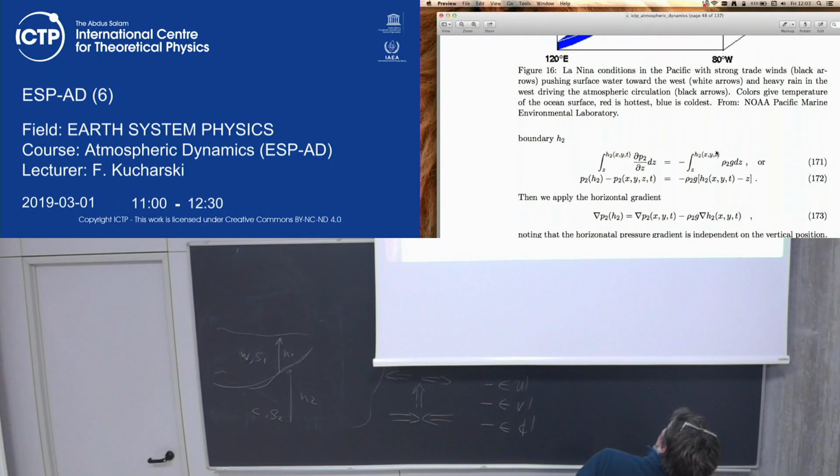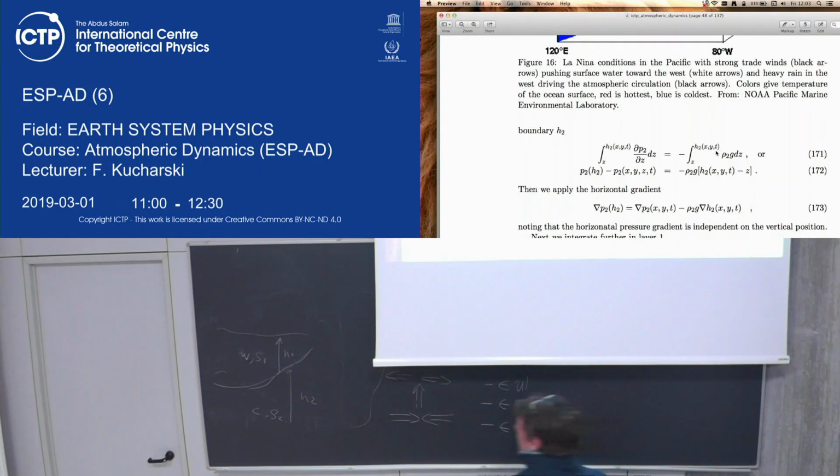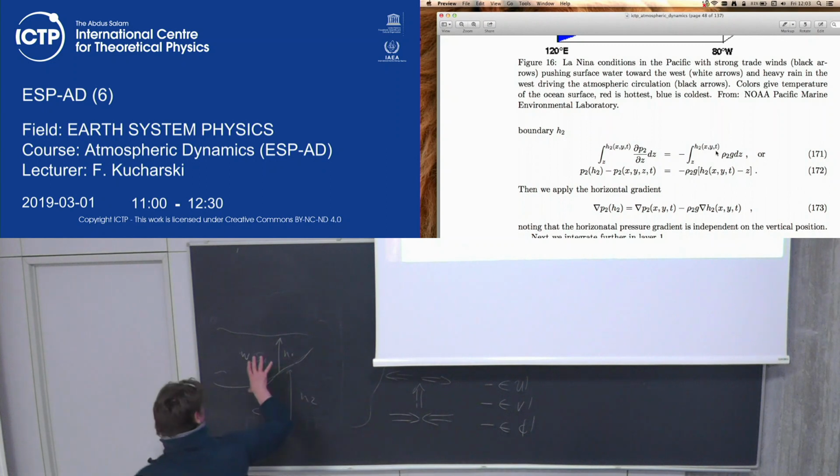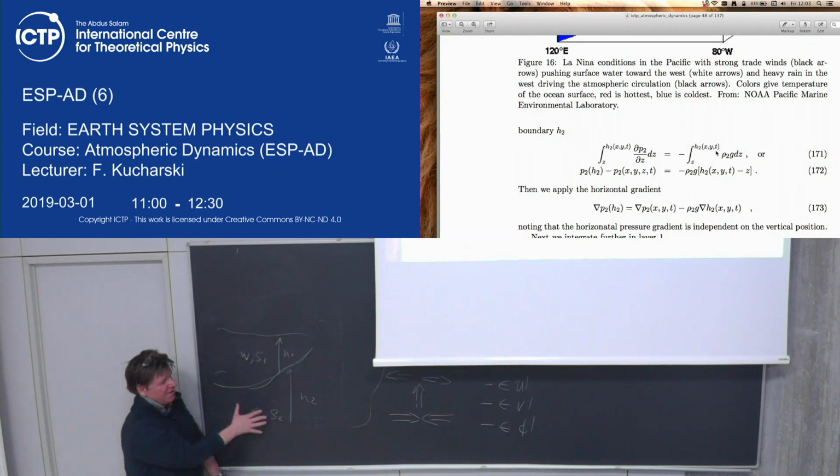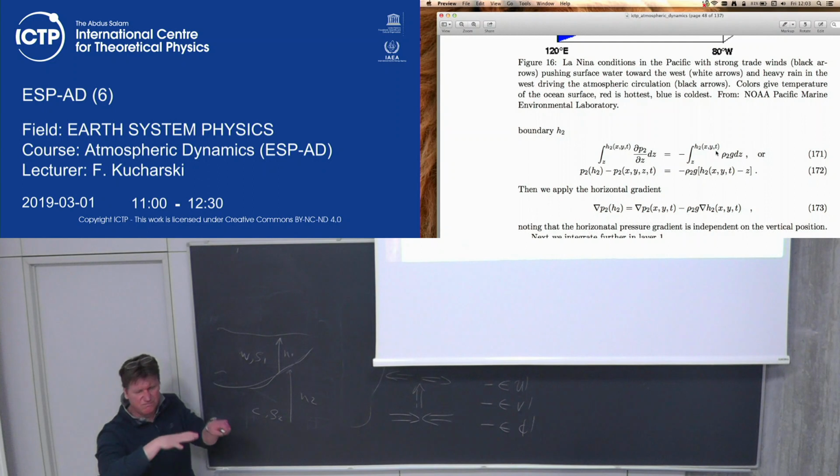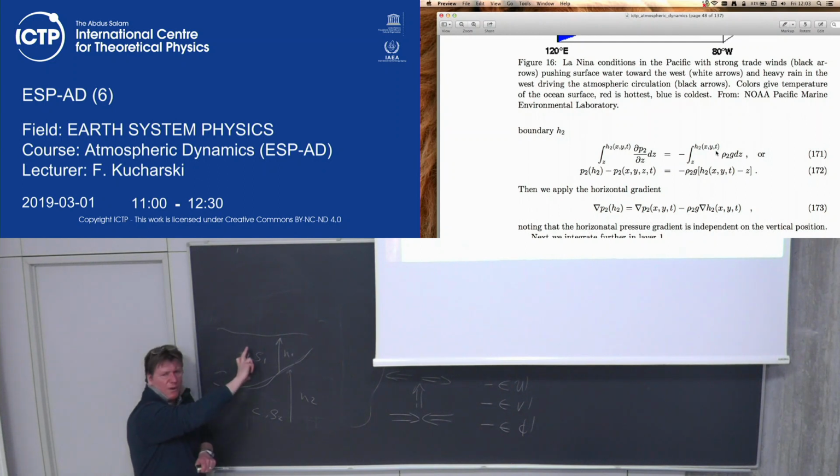And so the problem there is, we want to derive an equation for this upper level, because we will assume in the end that the lower level is kind of without any pressure gradients, without motion, something that is not doing anything. But what we want to understand is what is the pressure gradient in this upper layer.